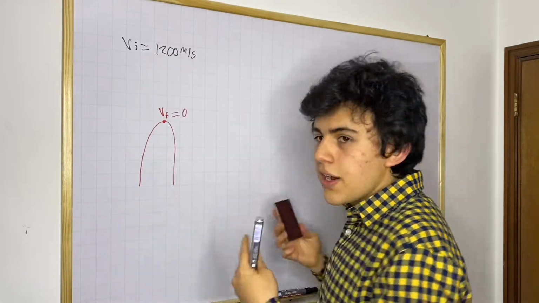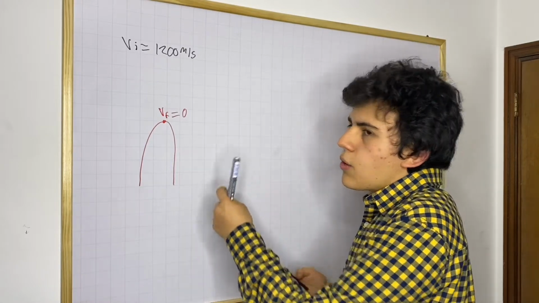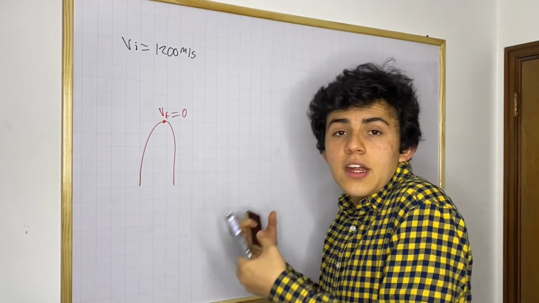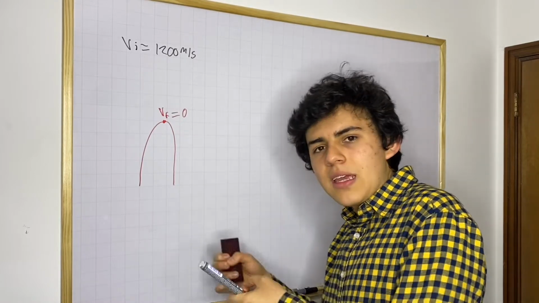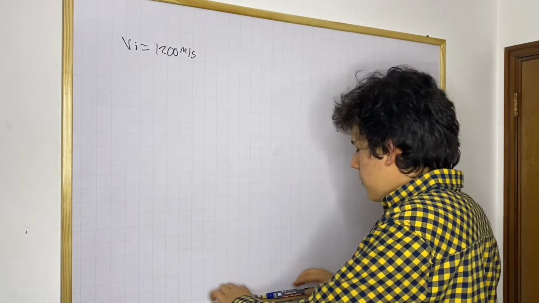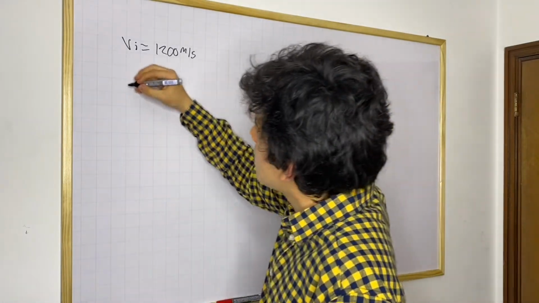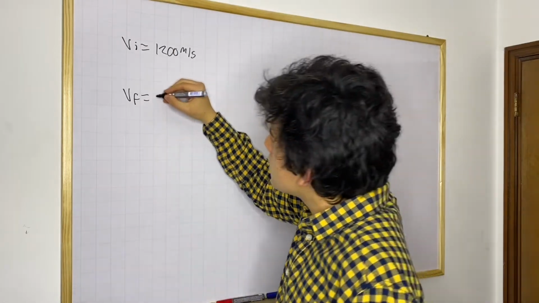So now we need to find an equation that gives us that final velocity, in which we know that when final velocity is equal to 0, there is a specific amount of time associated with that velocity. Okay? Just to see what I mean, let me show you this. We can calculate final velocity with this equation.